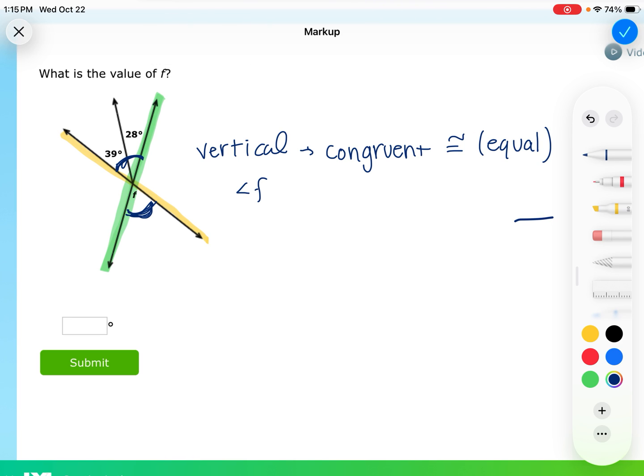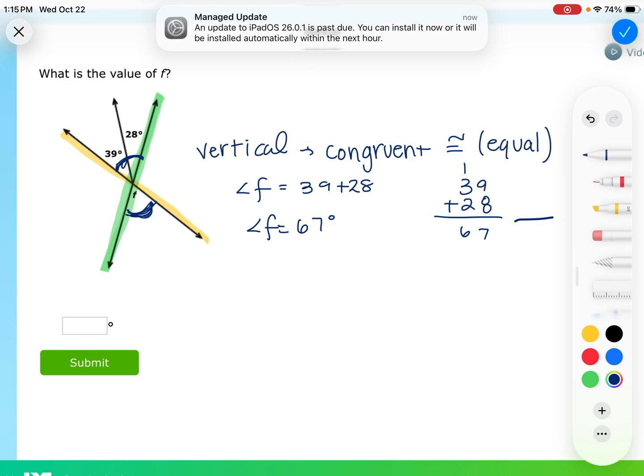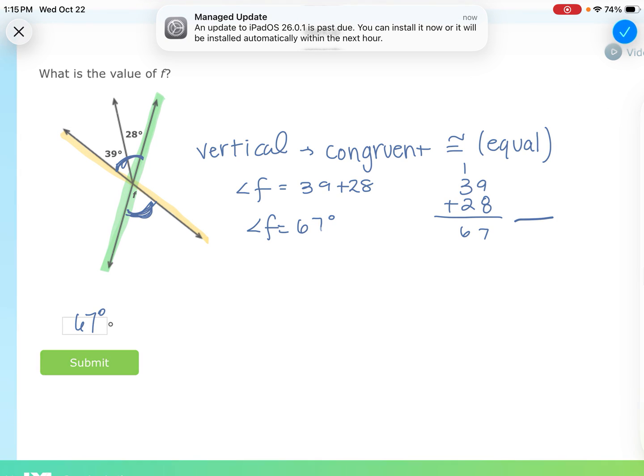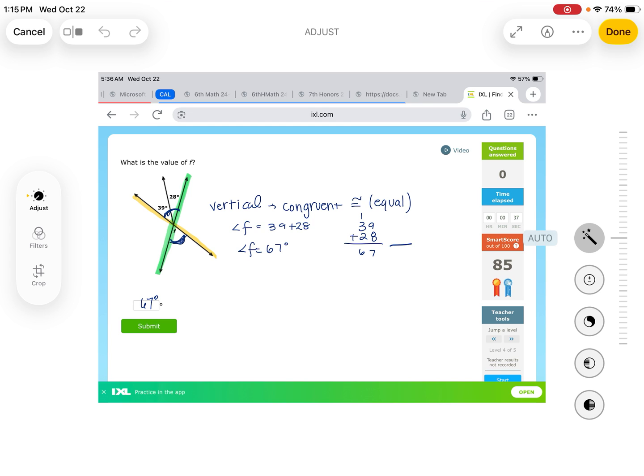So angle F should be equal to 39 plus 28. So you would do 39 plus 28, that's 67. Okay. So there's your 67 for the day. All right, let's go. So you're going to complete to 85%.